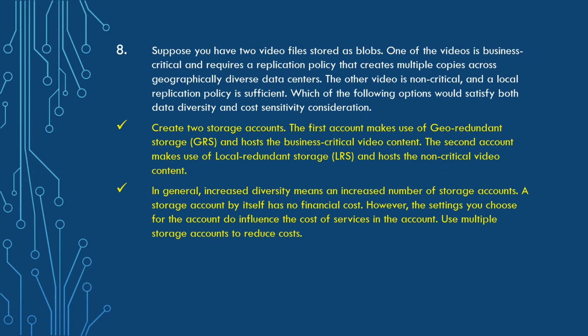Suppose you have two video files stored as blobs. One of the videos is business critical and requires a replication policy that creates multiple copies across geographically diverse data centers.